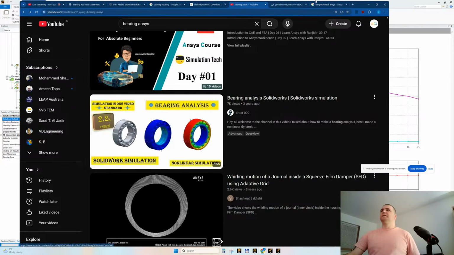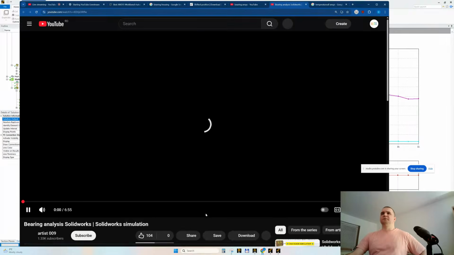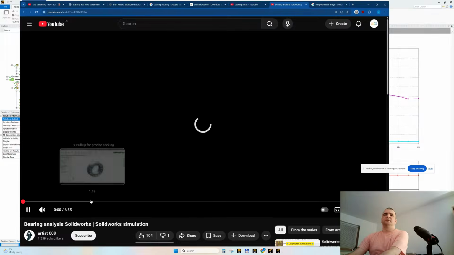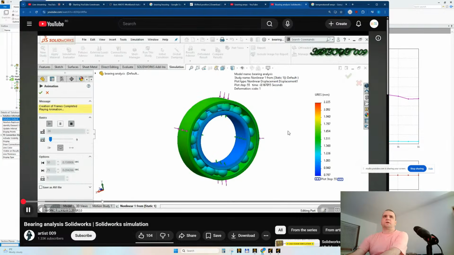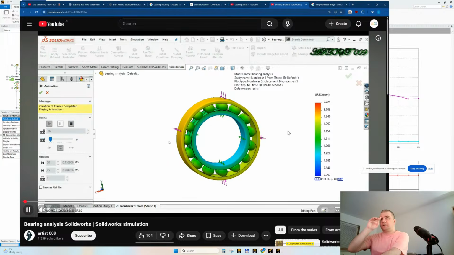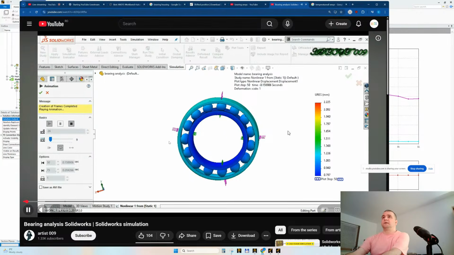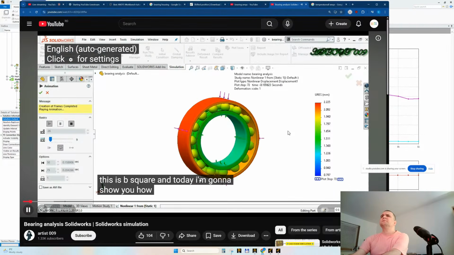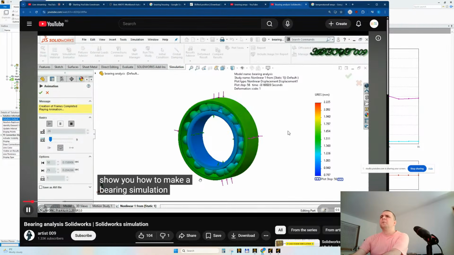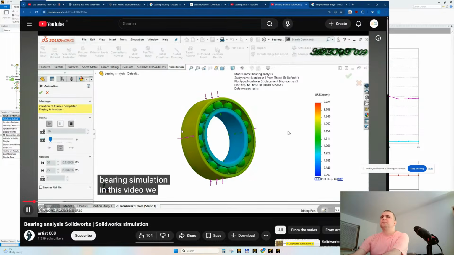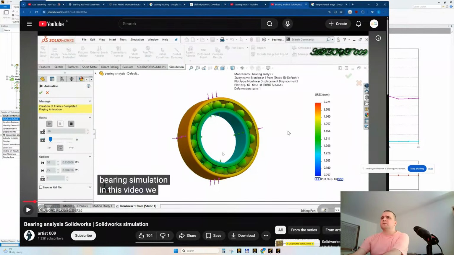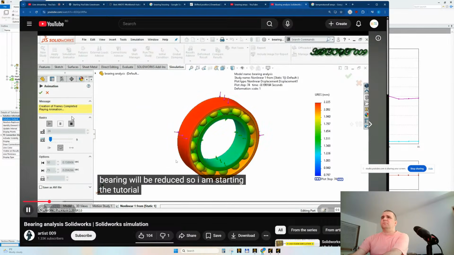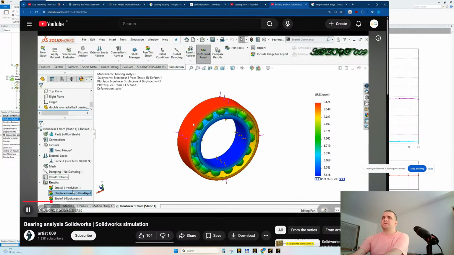I would like here to see what happens because it's in SolidWorks, and normally it should not work because we don't have high nonlinearities here. What is this? It's like a pressure from the outside, no cage. Fixed inside and pressure from the outside.